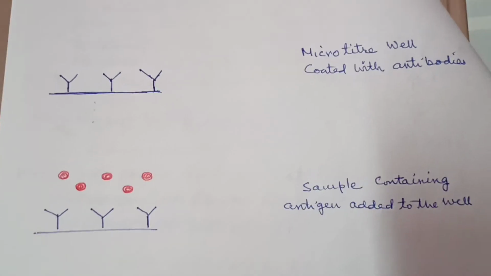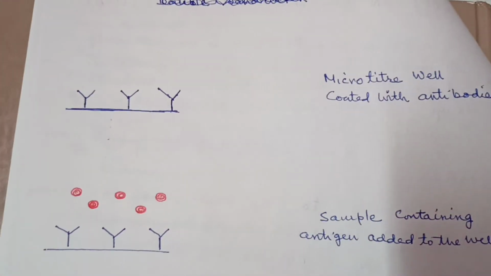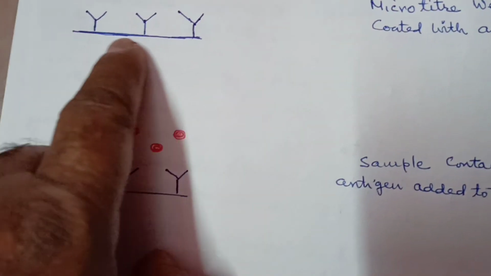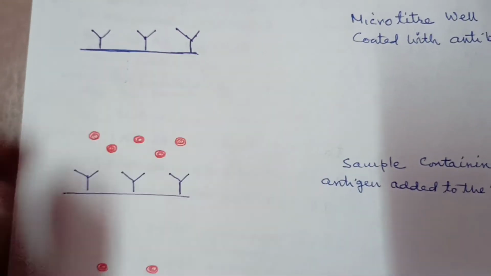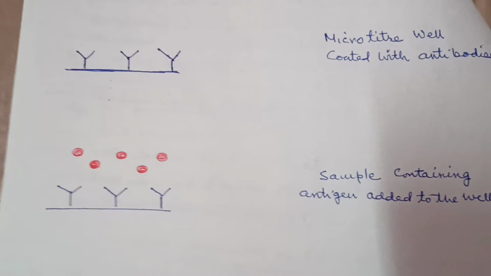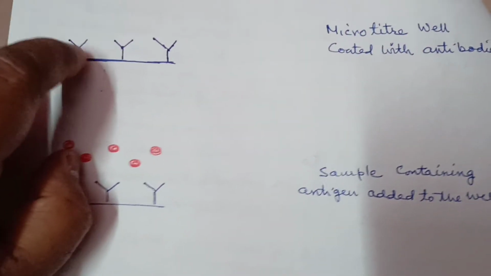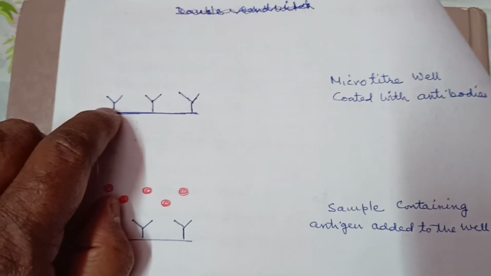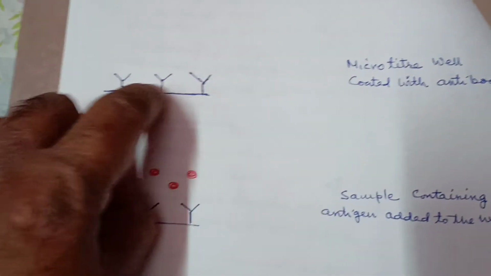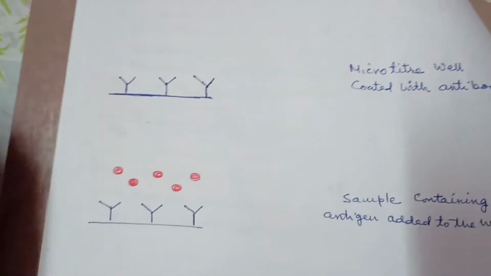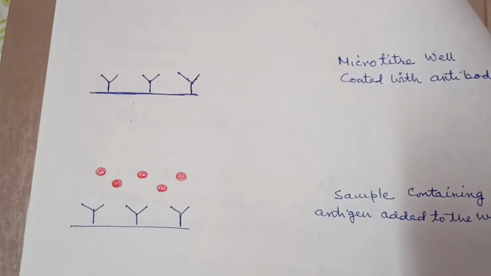Here we will understand this through the diagram. Suppose this is the base of the microtiter well of the ELISA. Here this known quantity of antibody is present, coating the surface.